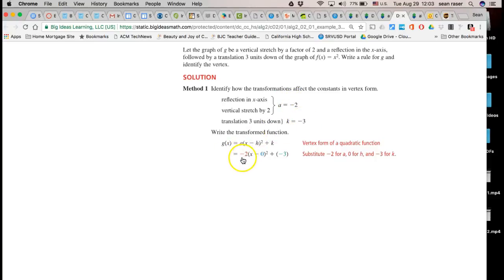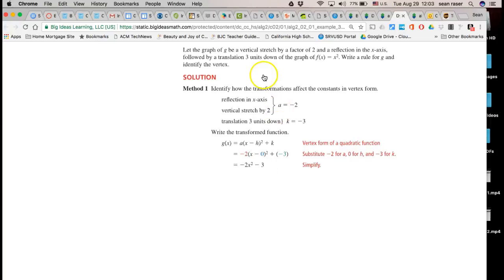So a is -2. Now in this case, we're not translating horizontally left and right. So h is just equal to 0. Okay, and we go ahead and plug in -3 for k. So now let's go ahead and simplify everything, and we get -2x squared minus 3.